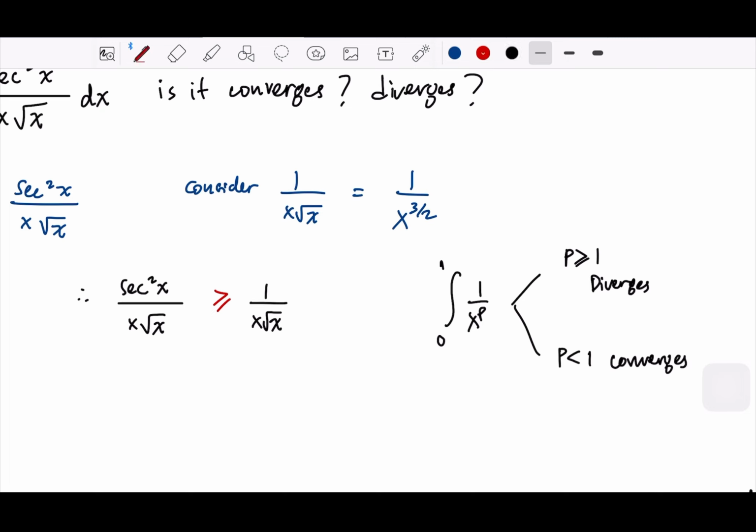Actually, isn't it the other way? I think that 1 over x square root of x is supposed to be always larger than, not larger or equal to, secant square, because secant square can be equal to 1 from 0 to 1 and 1 is always 1. So it's supposed to be larger than.